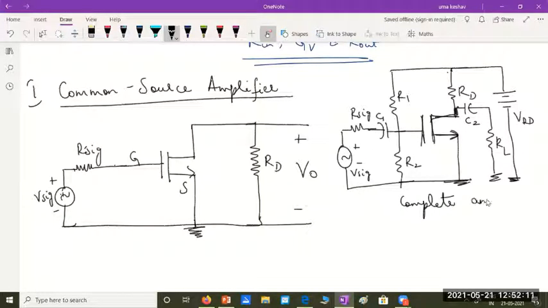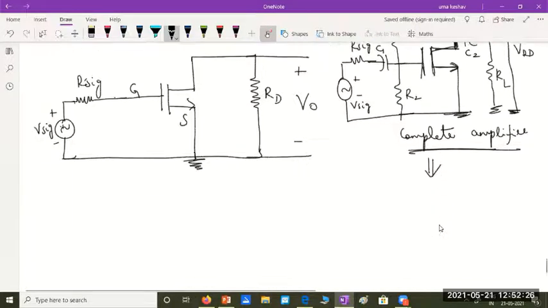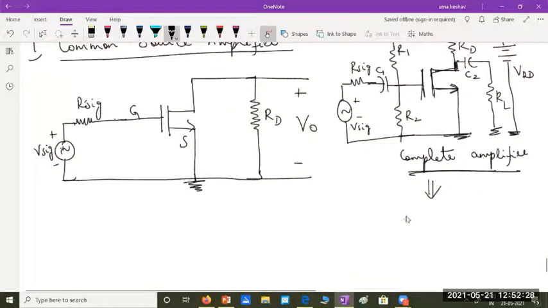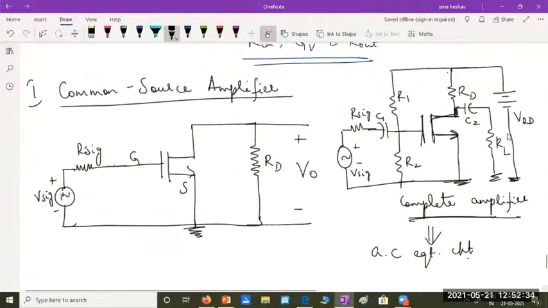And from this complete amplifier, we can write the AC and DC equivalent circuits. And here I am writing a simplified AC equivalent circuit. I told you how to write the AC equivalent. If I want to write the AC equivalent circuit for this amplifier, what should I do?